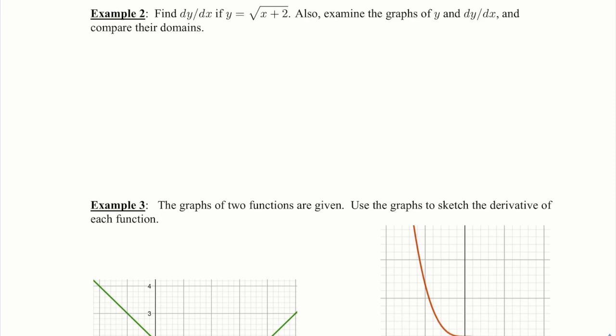Example 2, we've got a radical function here, and we're just wanting to use the difference quotient to find the derivative. And now instead of writing f prime, we're writing dy dx. But same idea, we will have the limit as h goes to 0, f of x plus h minus f of x divided by h.